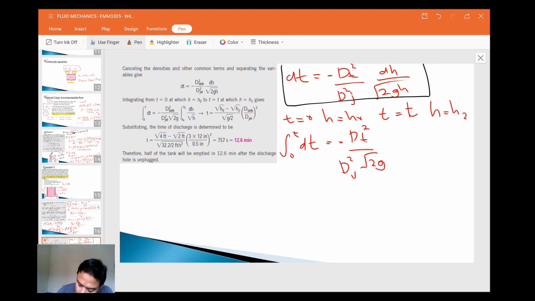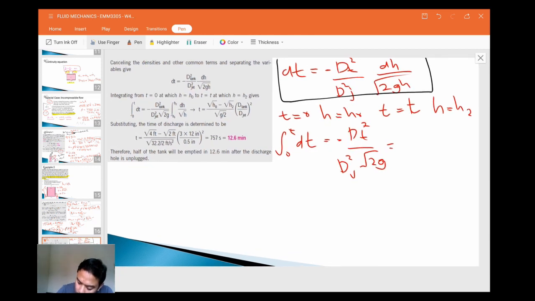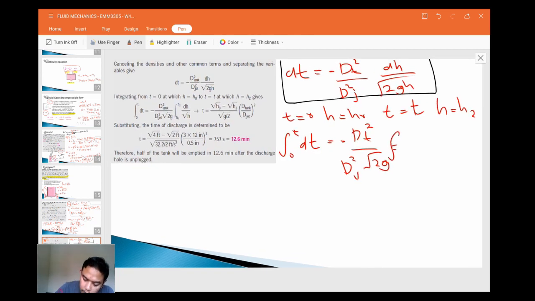So the integration should be dh, integration from h naught to h2 of dh over square root of h.